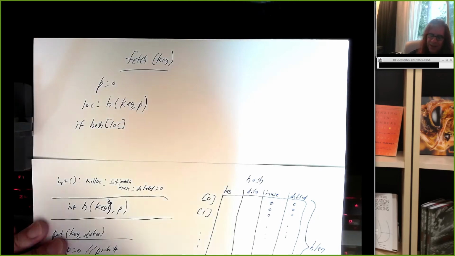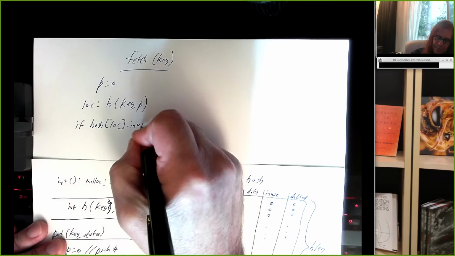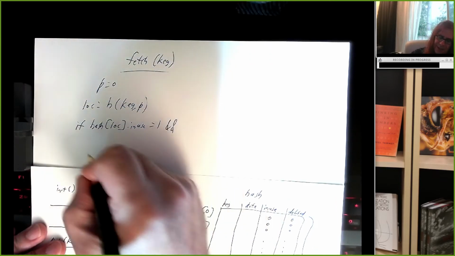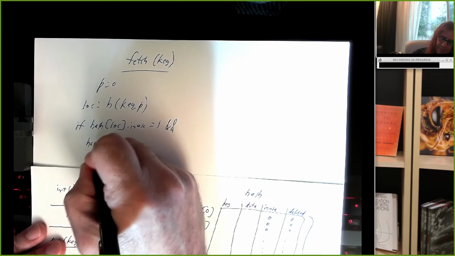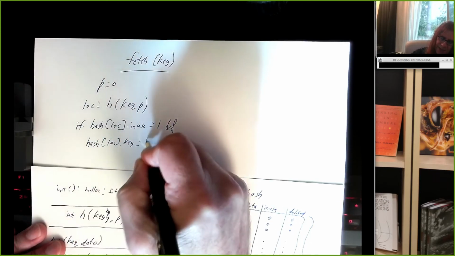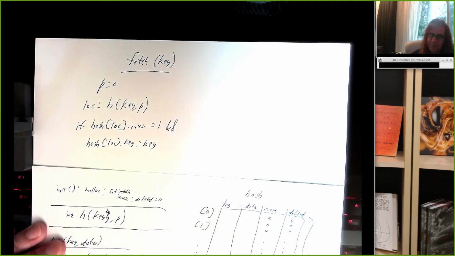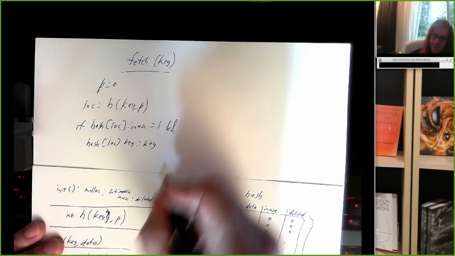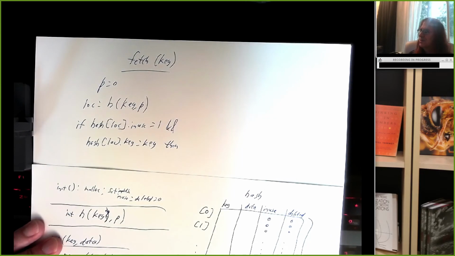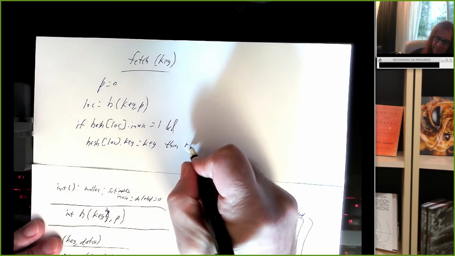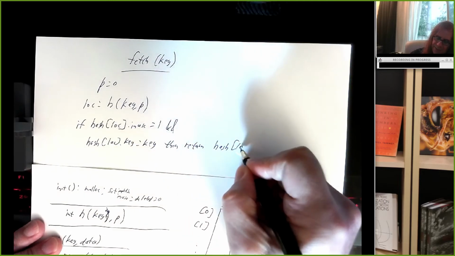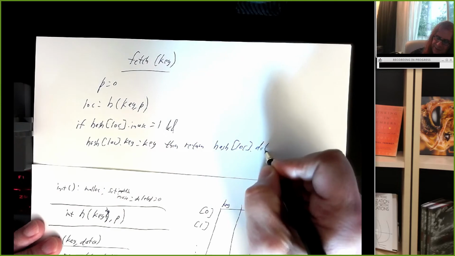If the data at that location is in use, and the key matches what you're looking for, then we found our entry in the hash table, and we can just return hash bracket location dot data.